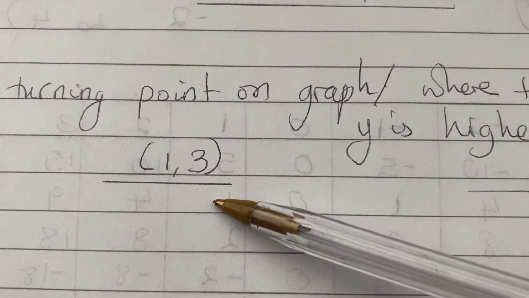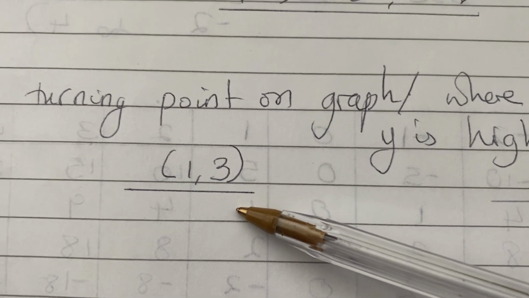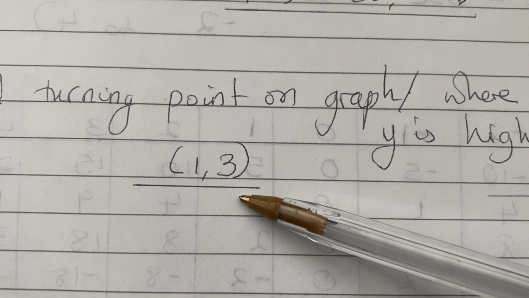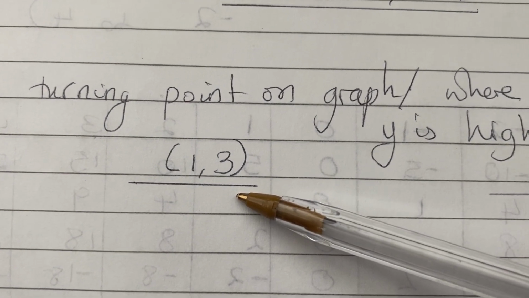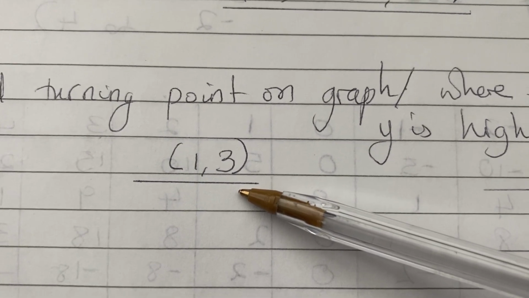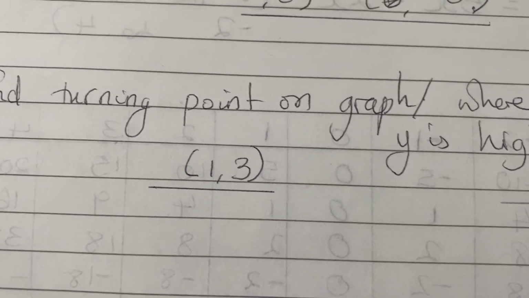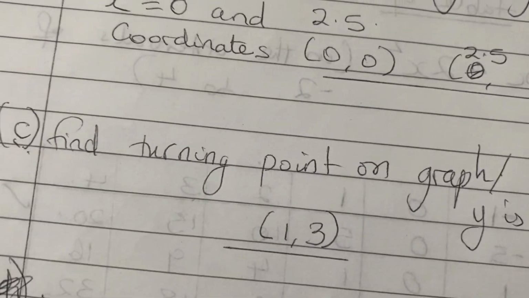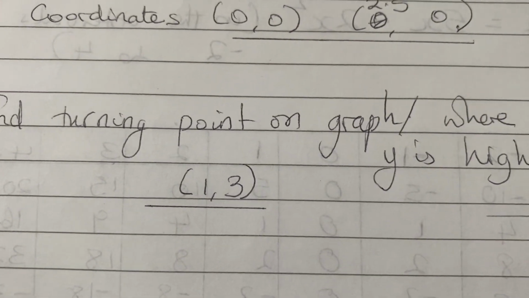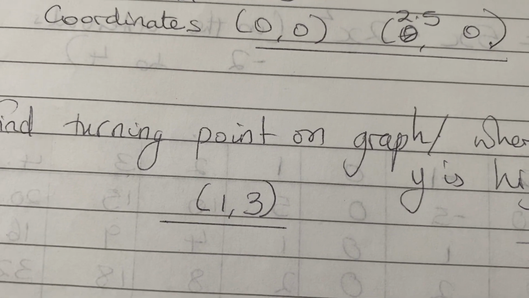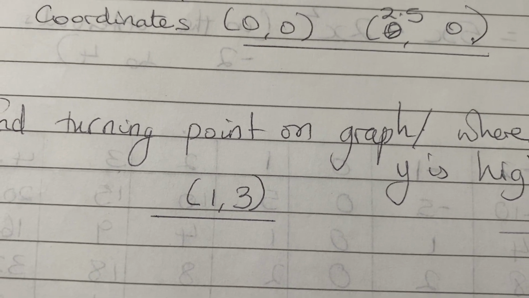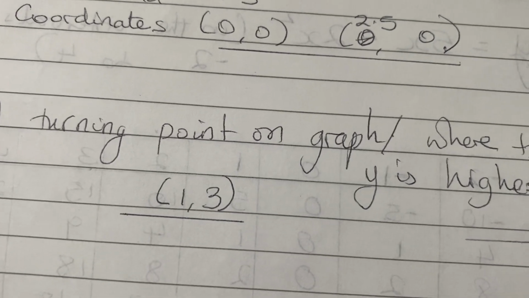So the same equation, the only difference here is one is opening upward and one is opening downward. We've done y equals x squared, and here the minus 2x squared is negative, so we realize that it's opening downward.